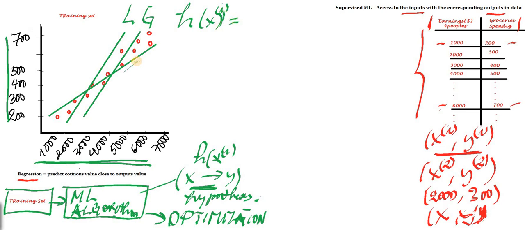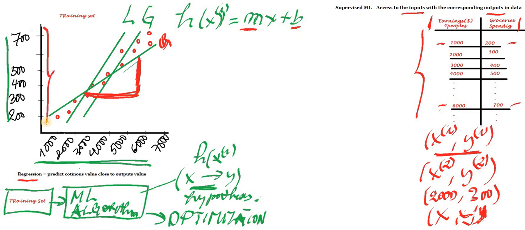As a straight line, this can be mathematically expressed as mx plus b. And in mx plus b, the m here is the slope. For example, if we say this is our hypothesis, if we select this, that means the slope here is the distance on y-axis divided by the distance on x-axis, and the b here is the intercept on y-axis.